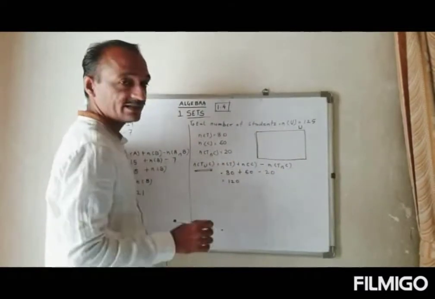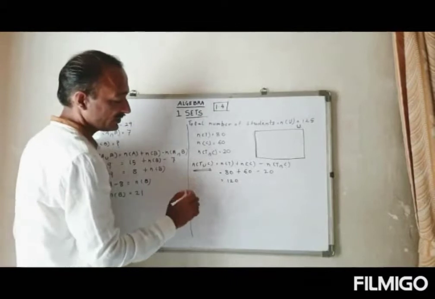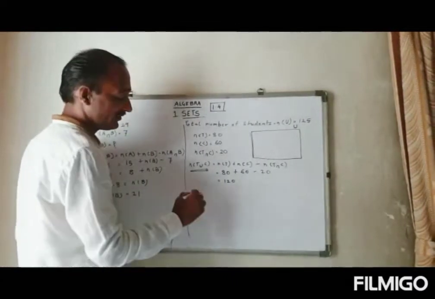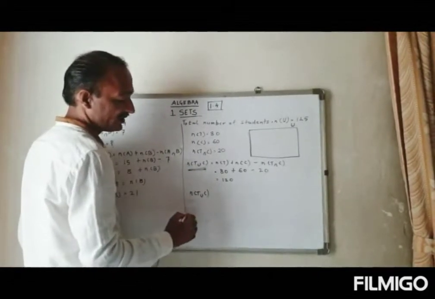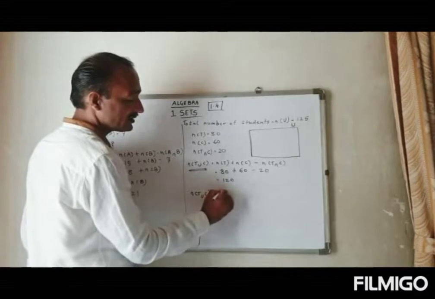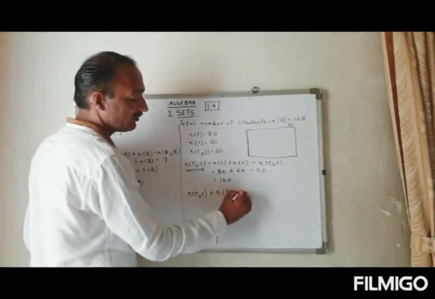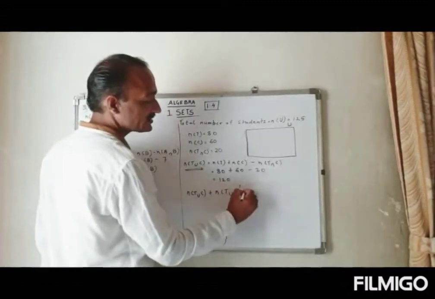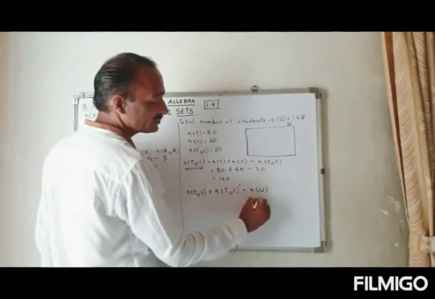Remember, this is a union, not universal. As I told you, we can show it using a Venn diagram. Here they ask for those who do not drink tea or coffee. So number of tea union coffee plus number of those who do not drink tea or coffee is equal to number of the universal set. That is the total we have.